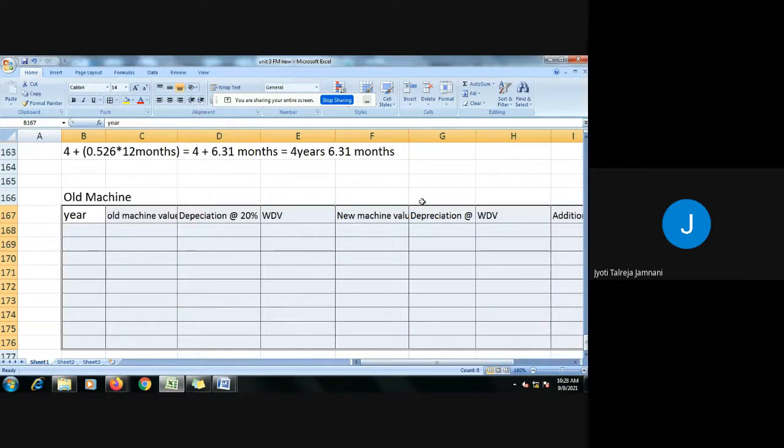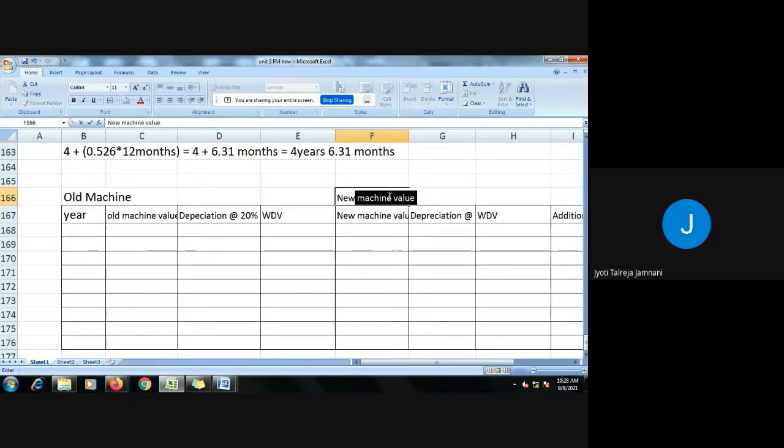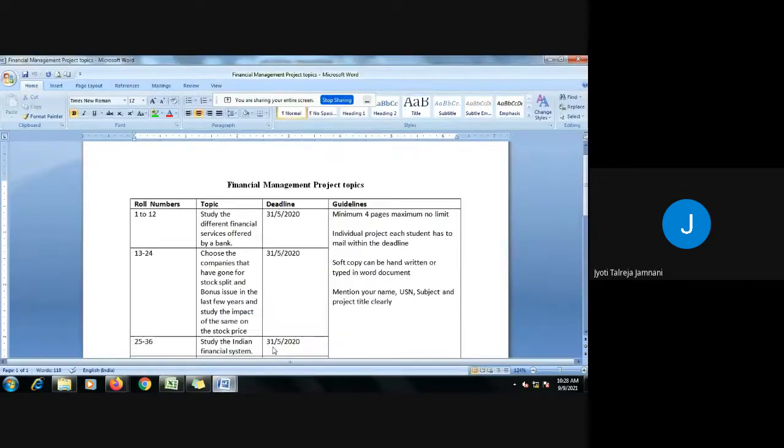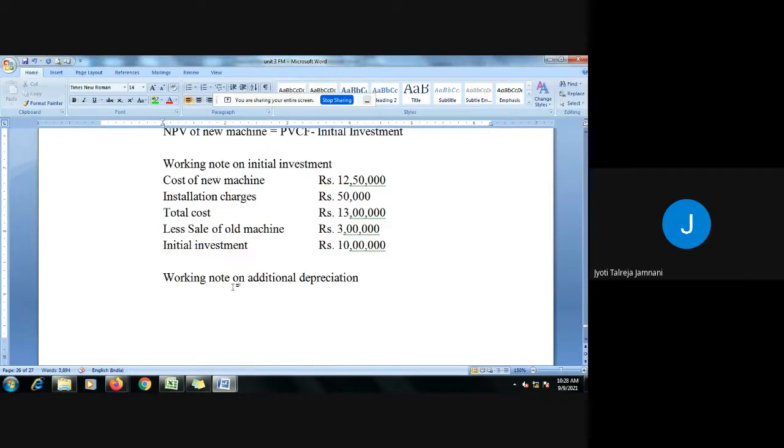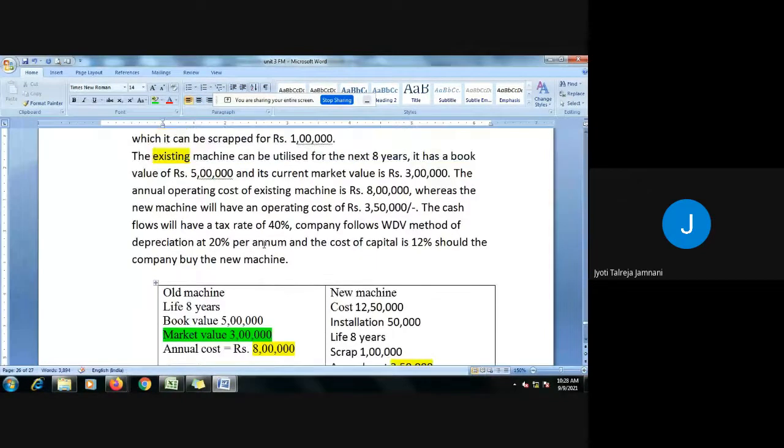Okay, so from here the new machine starts. The life of the machine is 8 years.